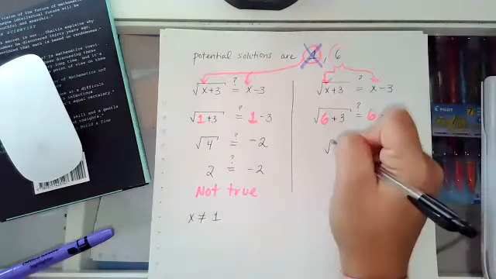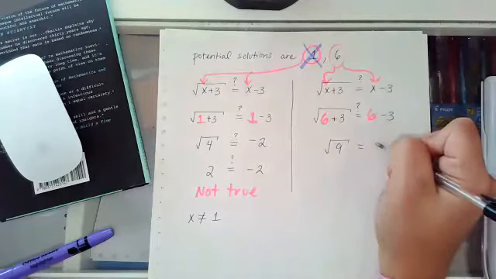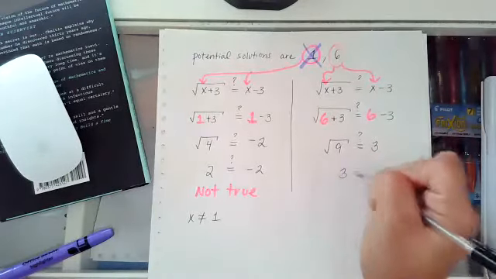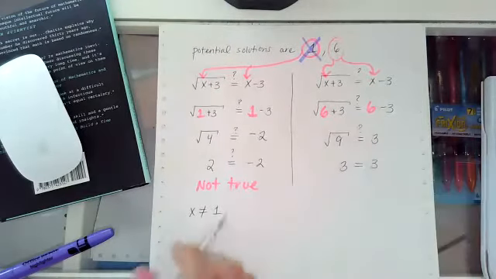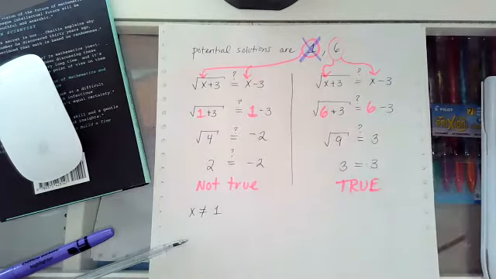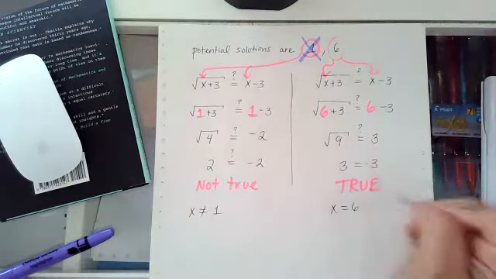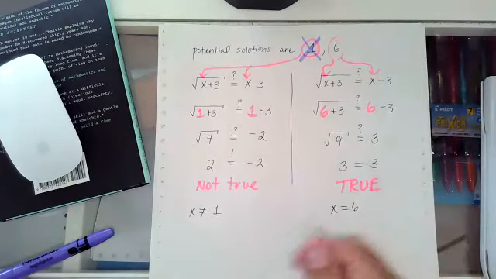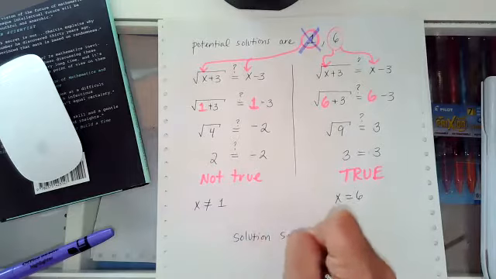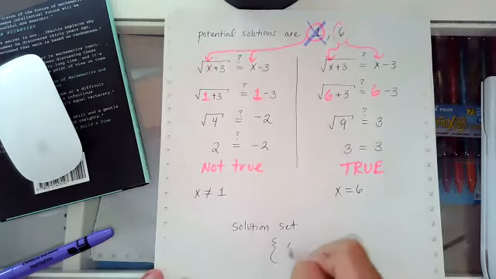It turns out that this is going to be the square root of 9. 6 minus 3 is going to be 3, and the square root of 9 is 3. So that one checks out. That one is true, which means that x does equal 6, and that one is a valid solution. So the solution set only contains a single value, and that's just 6.